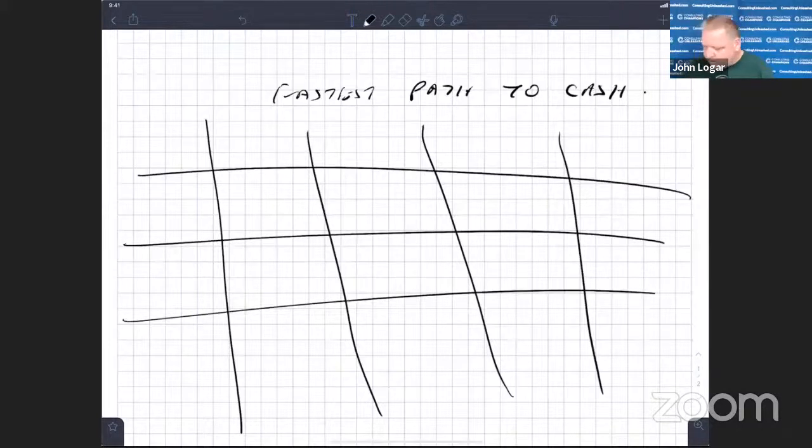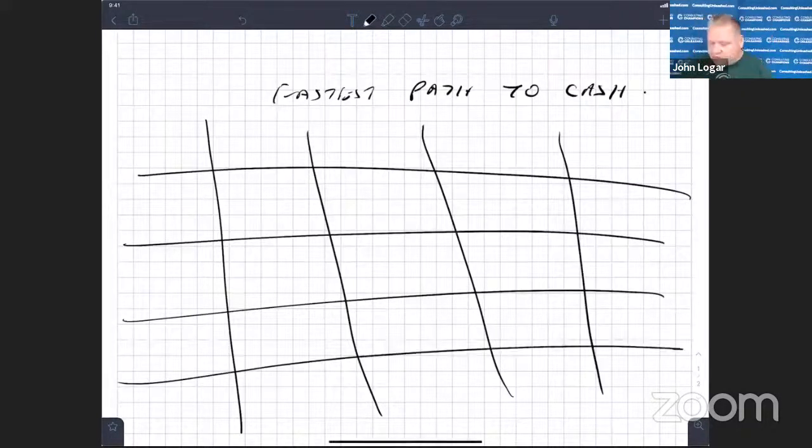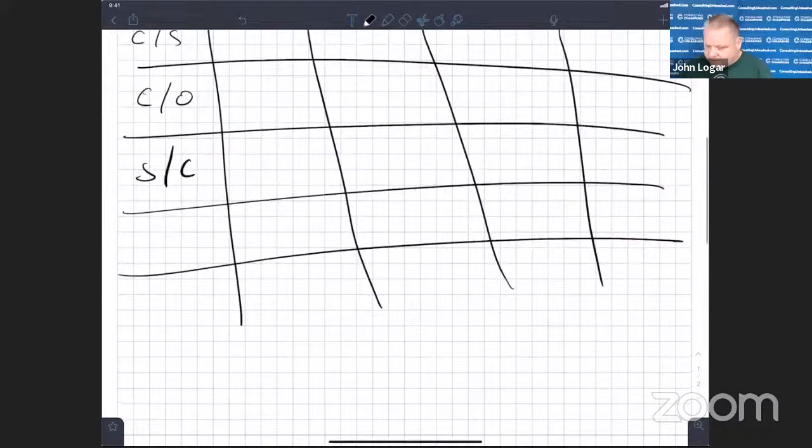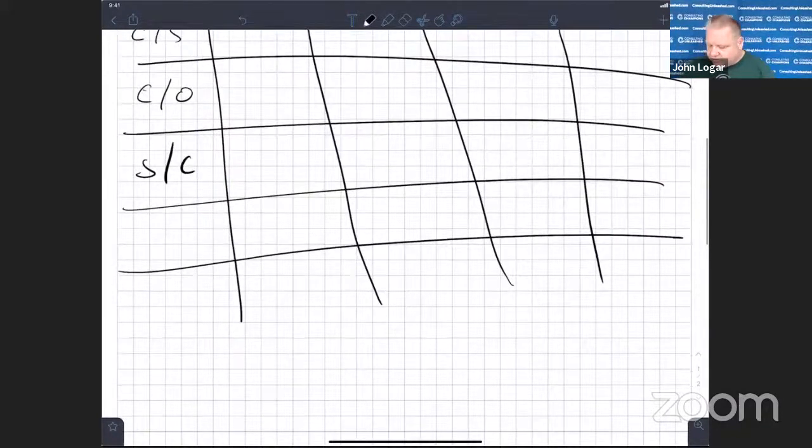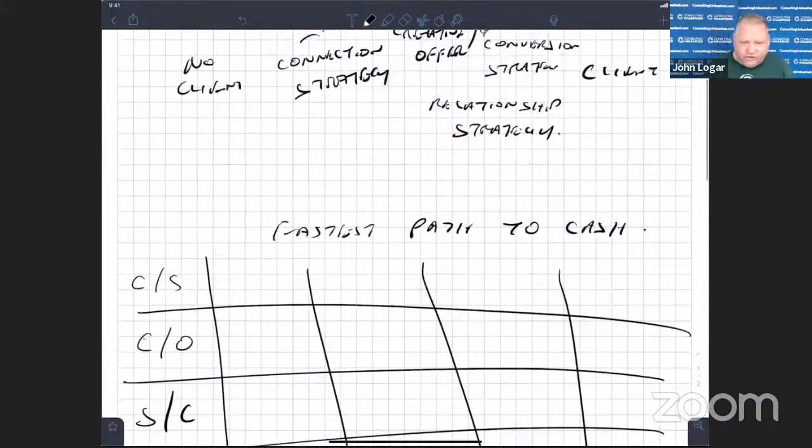This is our connection strategy. This is our creative offer. This is our sales conversion strategy. And this is our relationship strategy. So let's talk about our connection strategy.